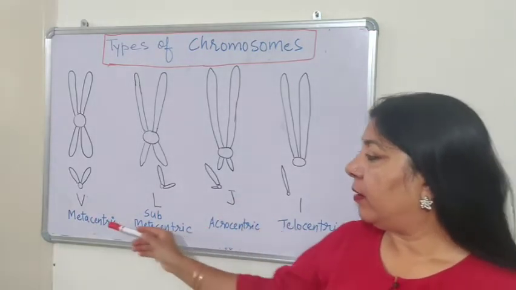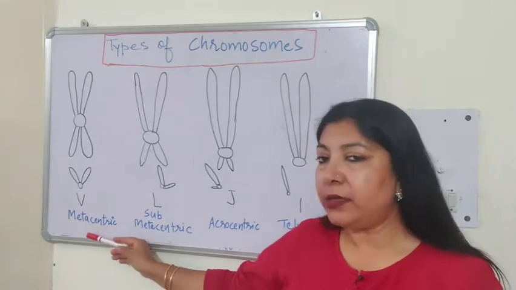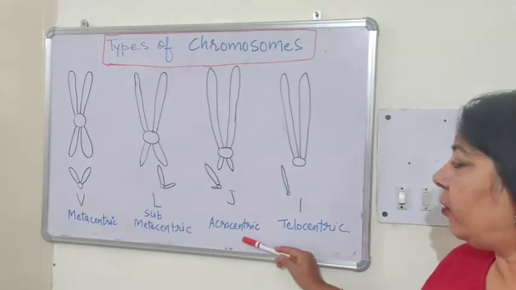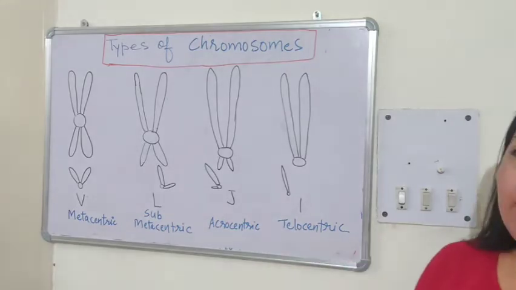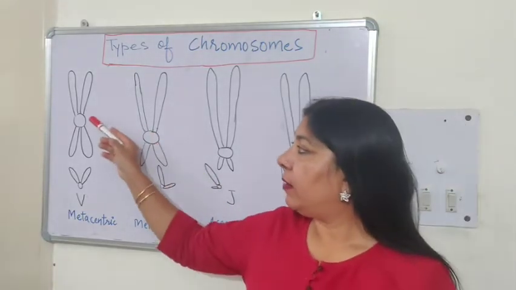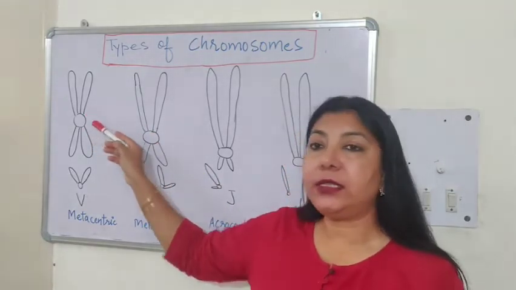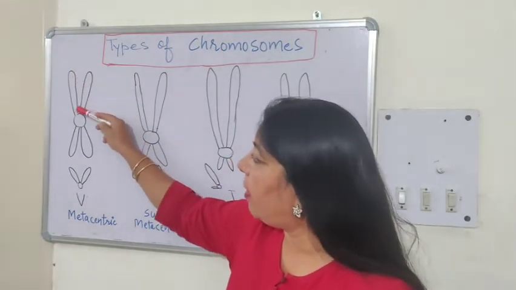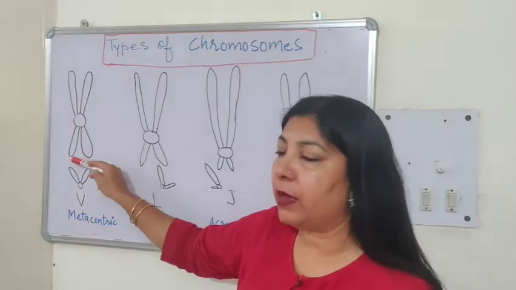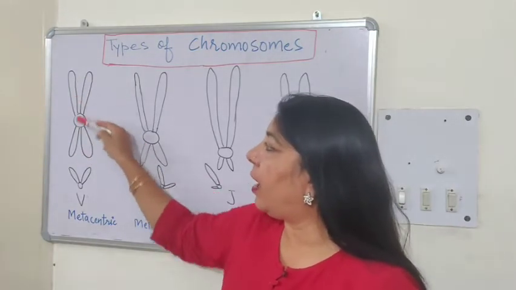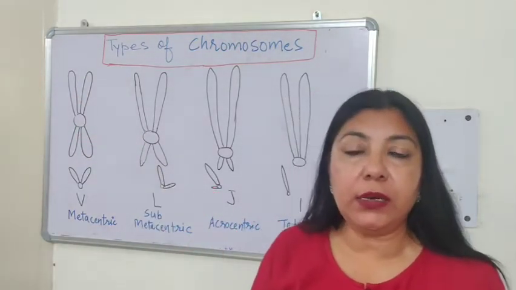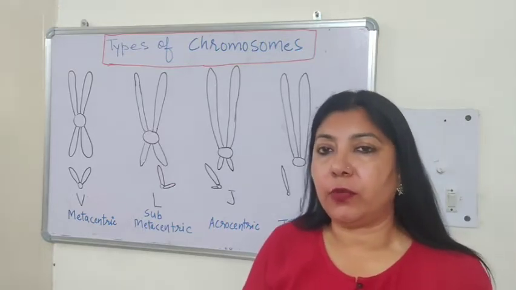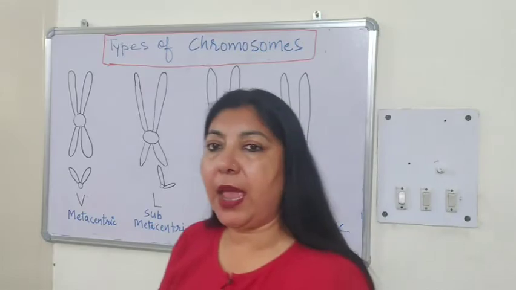Now look here. These are metacentric, submetacentric, acrocentric and telocentric. When the centromere is at the center, you can see the length of this arm and the length of this arm. When the length of both the arms is equal, then we say it is a metacentric chromosome. So what will happen during anaphase?